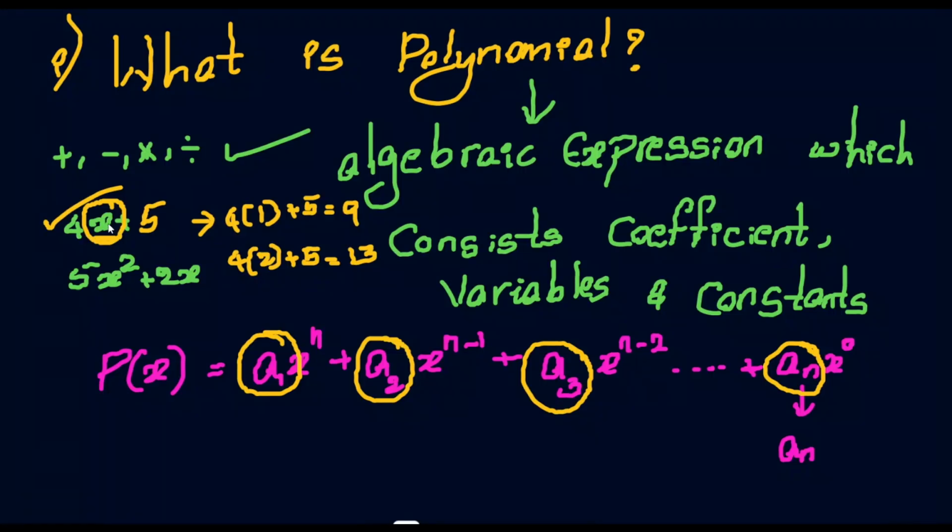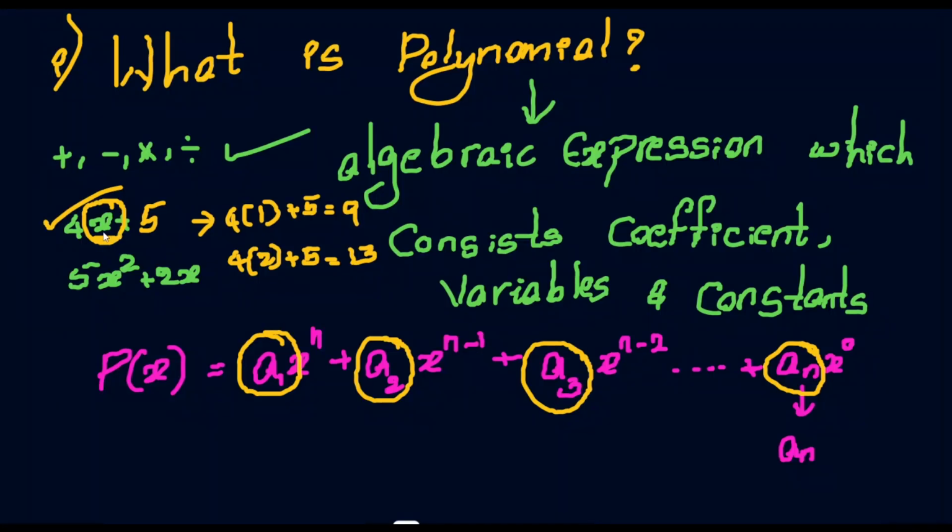If I substitute 1, it gives 9. If I substitute 2, it gives 13. So it keeps on varying, right? There is no stable value for x. That is why we use the term variable. A variable means the number or the term which keeps varying for each and every value.